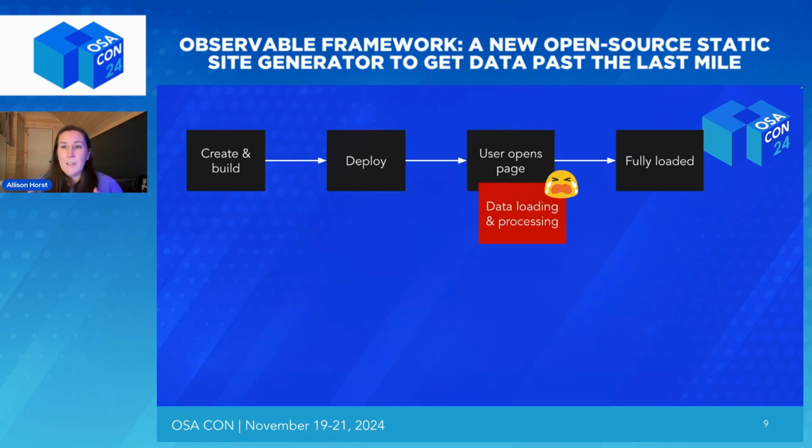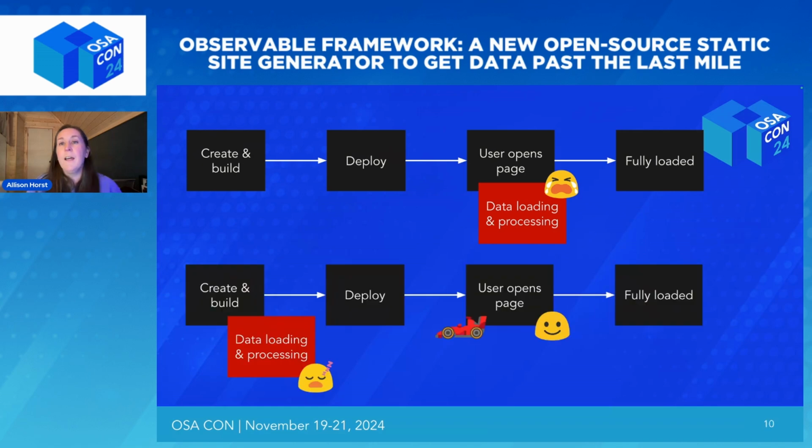Instead of having this really common scenario where slow data loading and processing is experienced and felt by your end users when they open a page, meaning that they can often feel frustrated and be less likely to return, which is not great when a lot of business models and the value of people's work depends on return visitors to those data apps and visualizations, can we push that slow stuff to happen behind the scenes at build time where it can go unnoticed by your users?